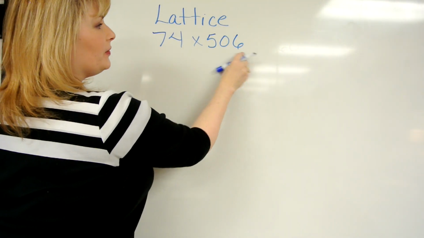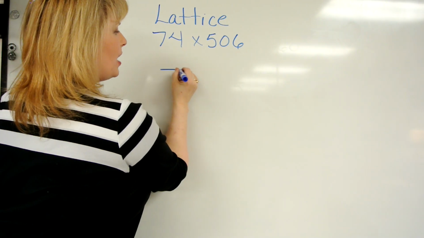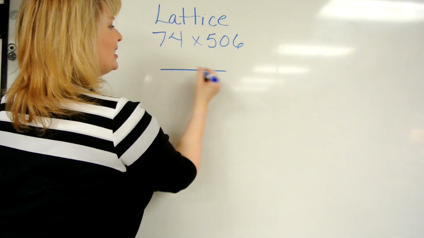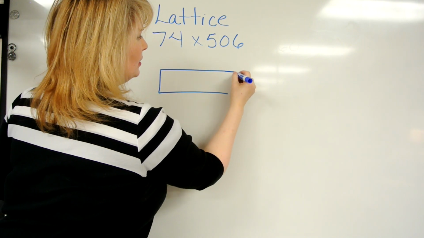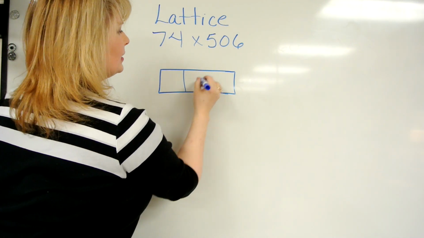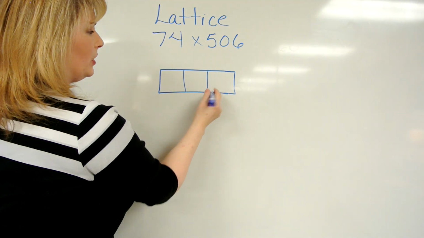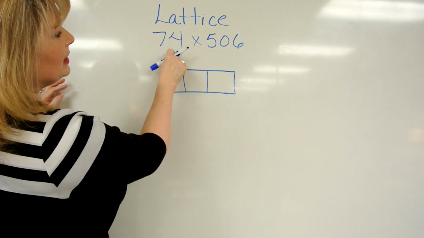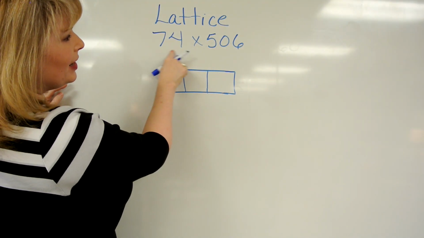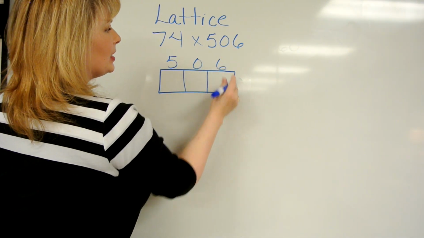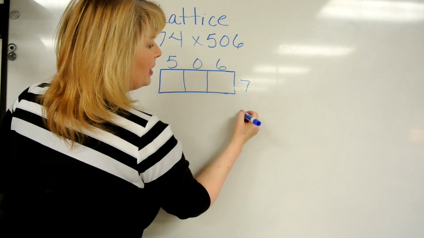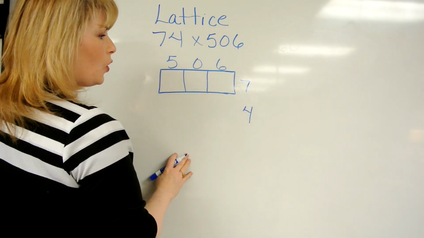Now, I have 3 digits this way, so I'm going to make sure I have 3 boxes again, all right? But this time, instead of only having one number here, I have 2. So I need to write my 506 up here, but then I have to write my 74 over here.